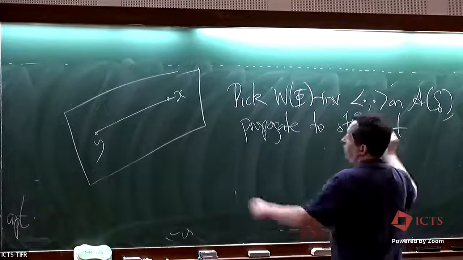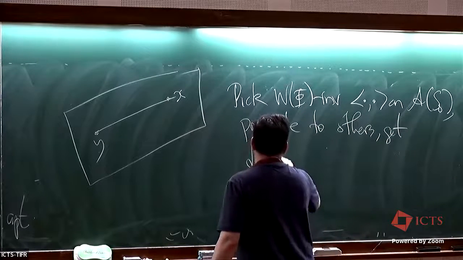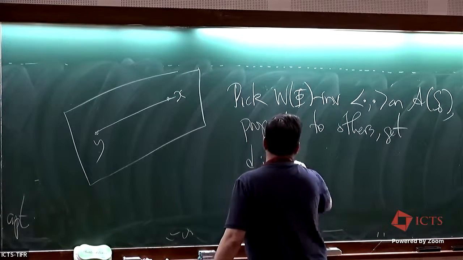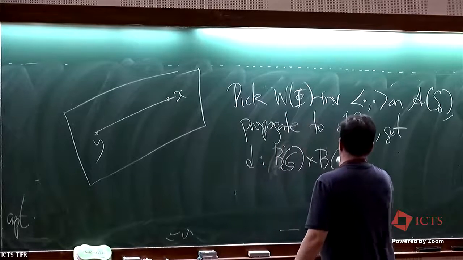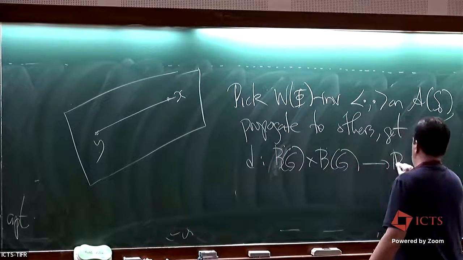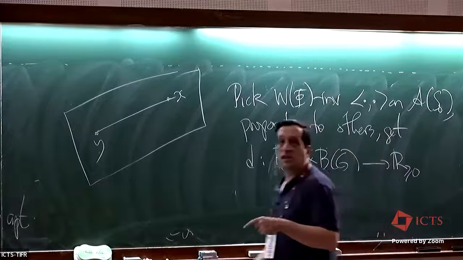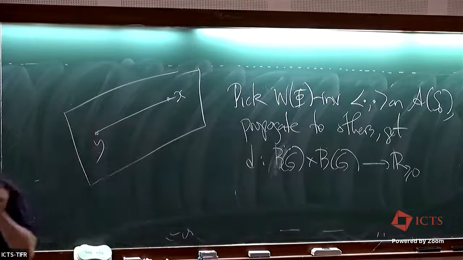And then one can show by this mechanism, you get a well-defined function on pairs from the building into the non-negative reals, namely take the distance in some choice of apartment that contains both points. And you can show that's independent of the choice. The problem is, it's not at all obvious that this thing satisfies the triangle inequality. Because if you give you 3 points, you don't see that there's an apartment, and there may not be an apartment that contains all 3 of them.